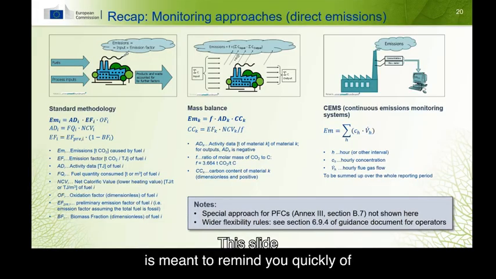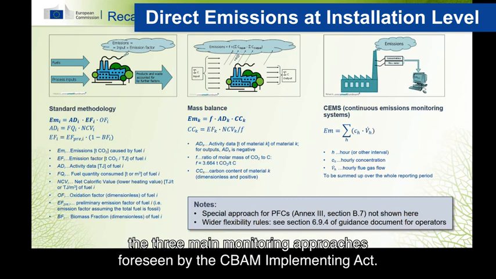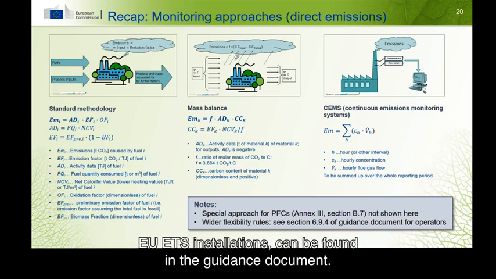This slide is meant to remind you quickly of the three main monitoring approaches foreseen by the CBAM Implementing Act. The details about these methods, which are also the methods used by the EU ETS installations, can be found in the guidance document.